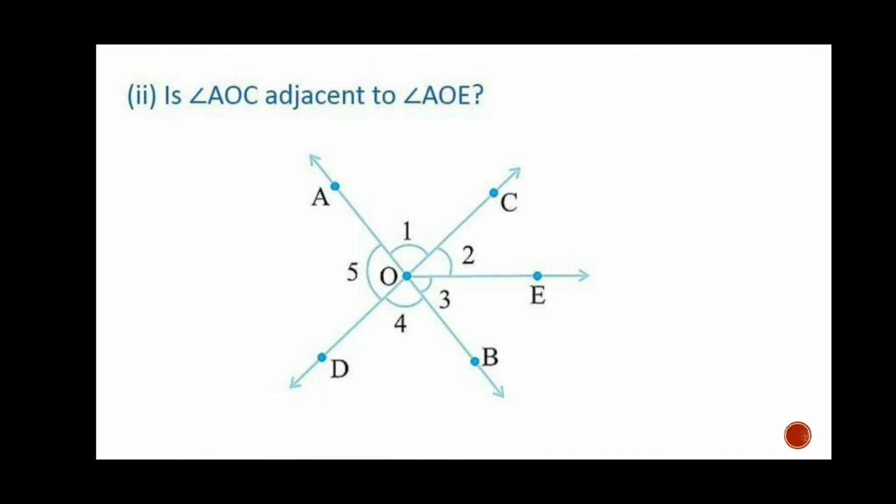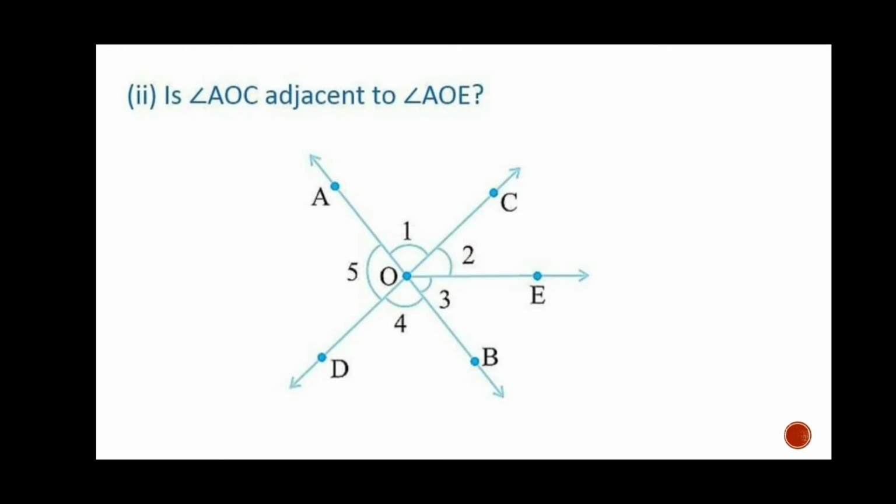Now in the second part of the question it is asked, is angle AOC adjacent to angle AOE? Angle AOC is angle 1, and angle AOE means this complete angle, combined 1 and 2.